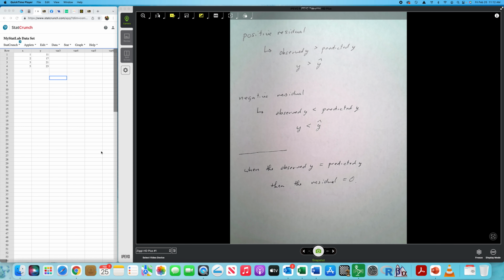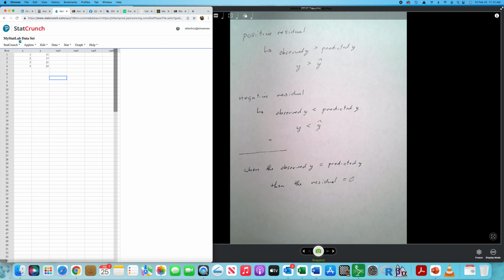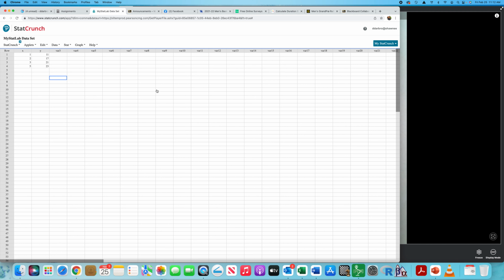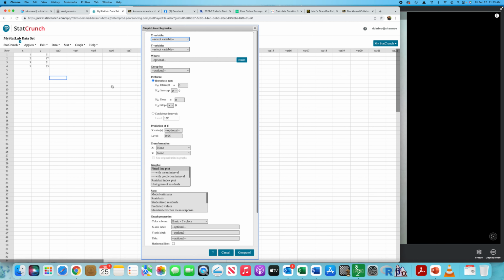Now, StatCrunch actually does all this stuff, which is kind of cool. You can see I have the data in, and I can go to regression and go to simple linear regression. It's kind of cool when our variables are already listed as x and y. We don't have to think about it much.